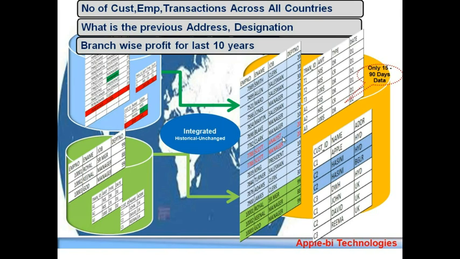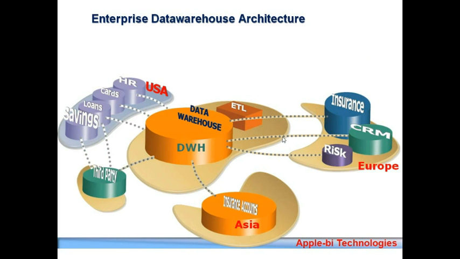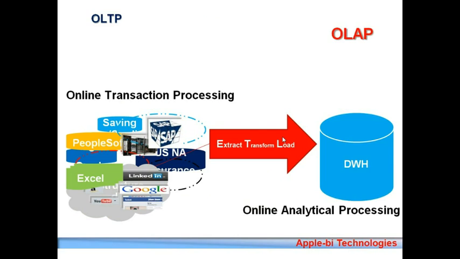That's why the complete place you can call an analytical system. When you say data warehousing, it means your complete worldwide data across applications across the globe will be put in one place, no matter where it is.